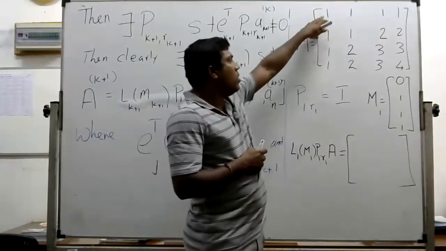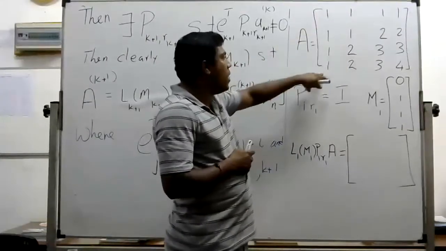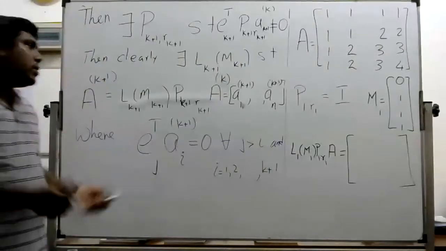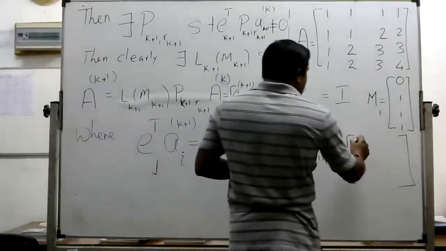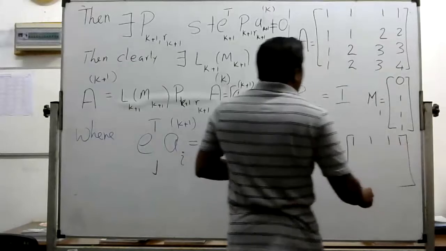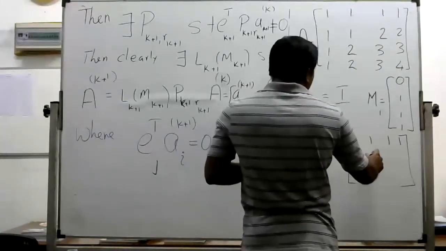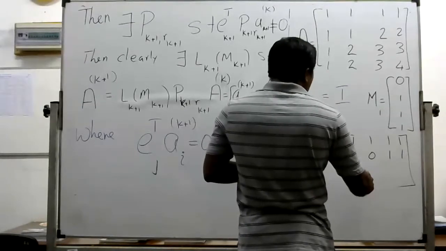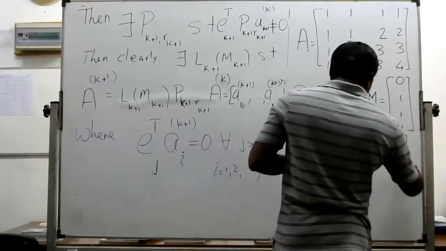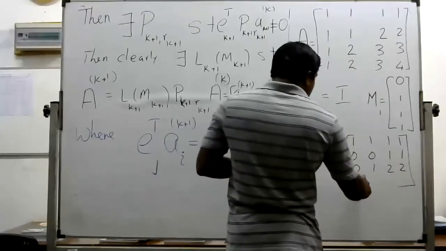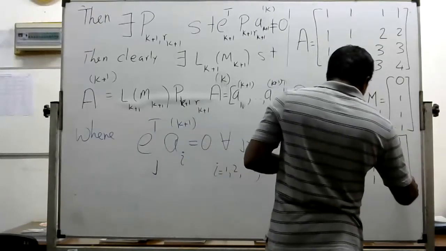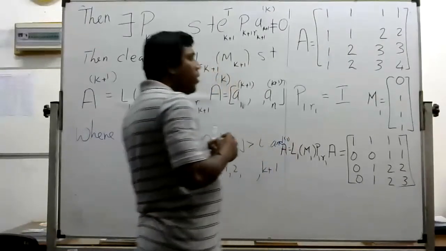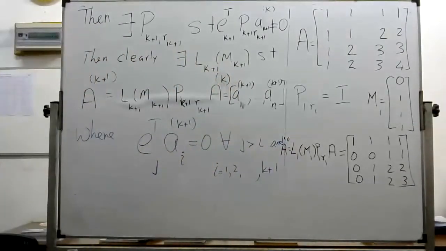This row minus 1 times the first row, and this row minus 1 times that row. So you can simply write it down: 1, 1, 1, 1, and 0, 0, 1, 1, 0, 1, 2, 2, and 0, 1, 2, 3. So this is your A1, according to the theorem.